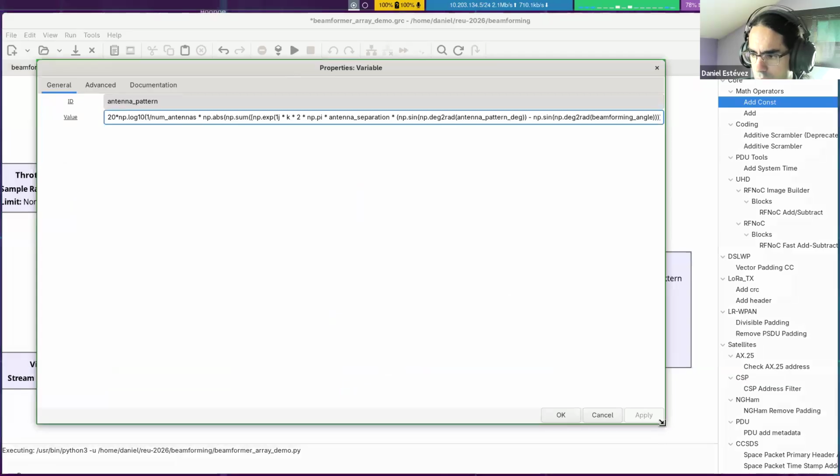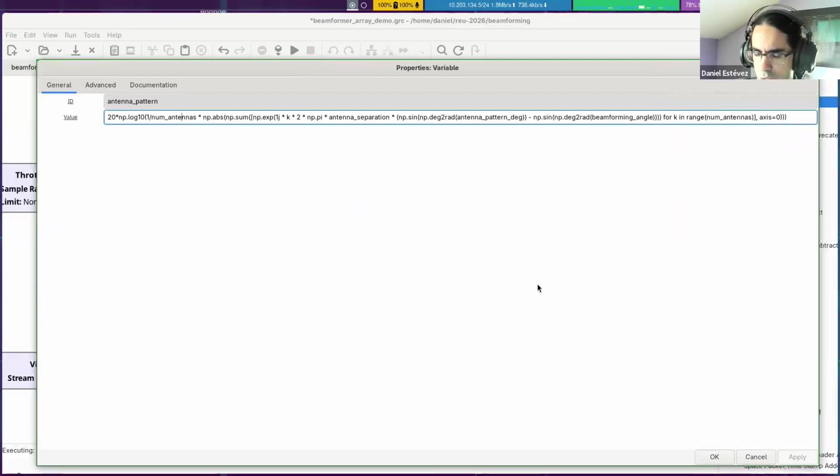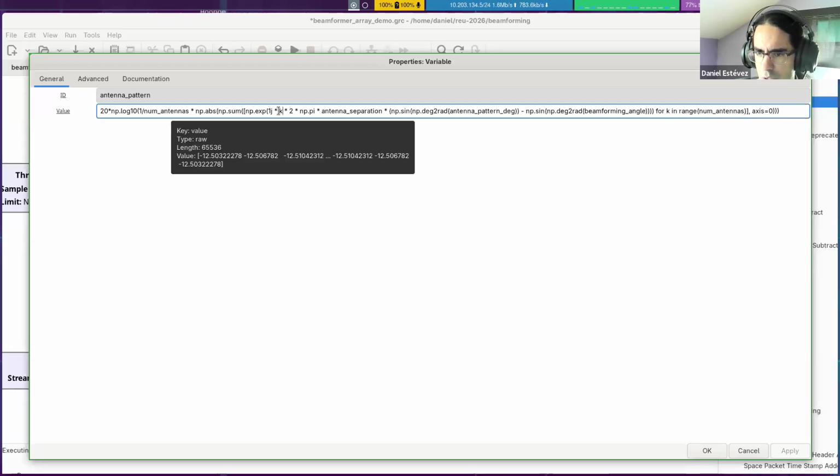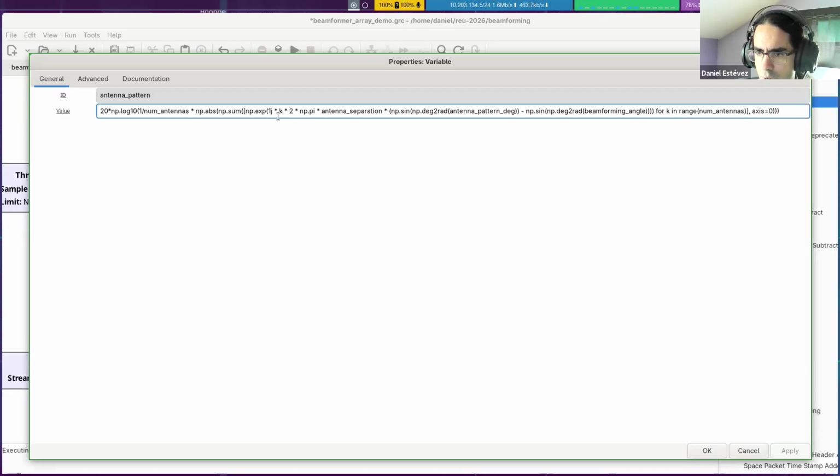It looks long because I need to type it in just one line in GNU Radio, but basically, these are the phase terms that we have on each of the antennas. We have a for loop to go through the number of antennas. So this is essentially what you have seen on the flow graph.